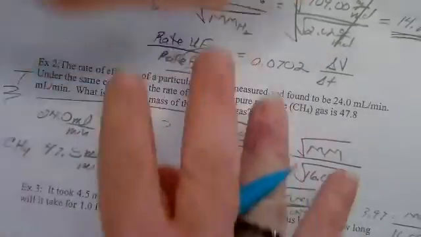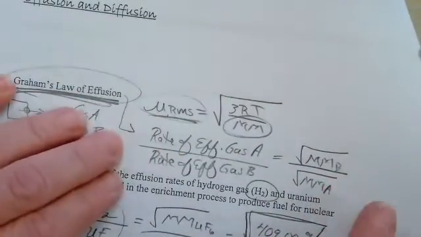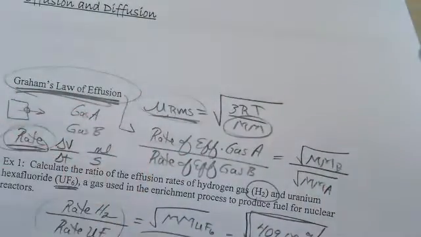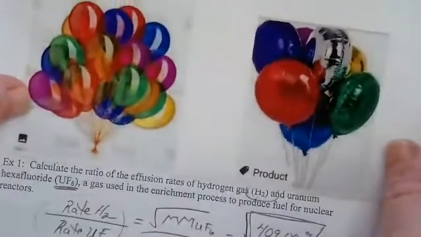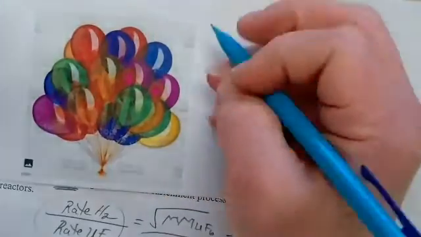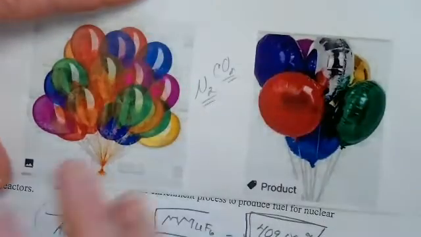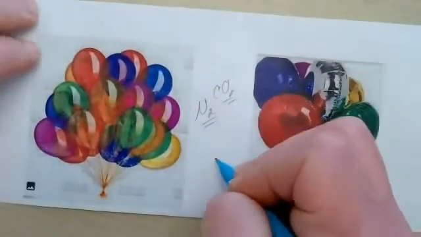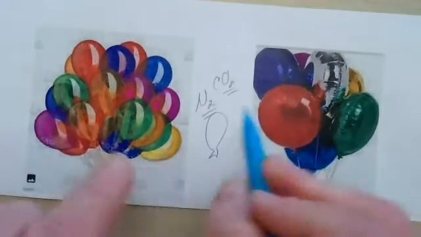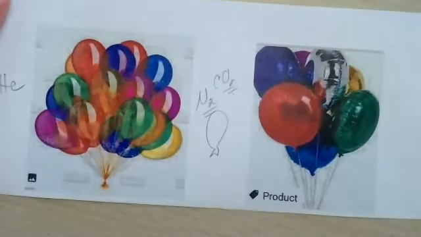All right, those are the kind of problems that we'll have to solve, but also understanding the relationships within Graham's law of effusion. So back to the balloon. When we exhale, mainly we are exhaling carbon dioxide and the nitrogen that we just breathed in. So if a balloon, latex, is filled with this versus helium.